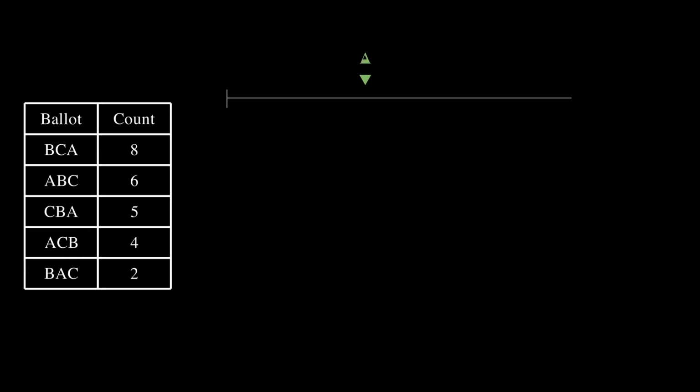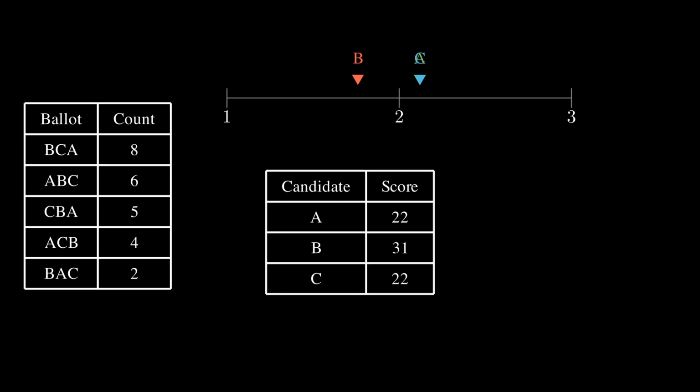Another way you can look at Borda count is by looking at a weighted average of where the candidate placed on the ballot, with the weight being the number of votes that ballot received. If we go through this process, we can see that we end up with the same result as before, where Betty is the clear winner and Alice and Charles are tied in last.